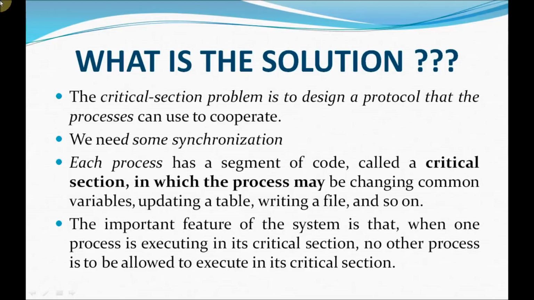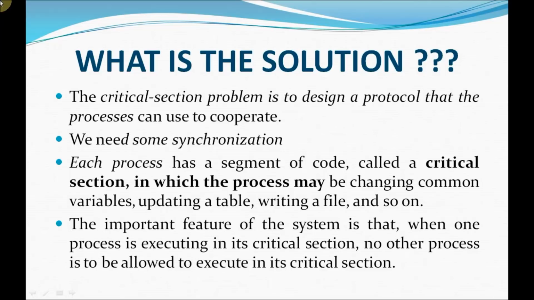If another process wants to do a task in its critical section, that is not possible. According to the critical section problem, when one process is executing in its critical section, no other process is allowed to execute in its critical section. Thereby we can achieve some synchronization.